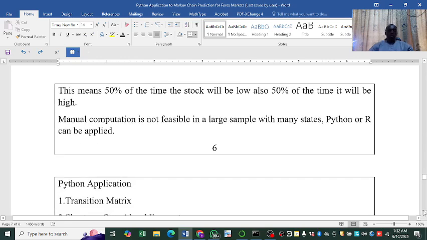So this means that 50% of the time the stock market will be low, and 50% of the time it will be high, if the first state is low and the second state is high. So we can easily compute this manually.